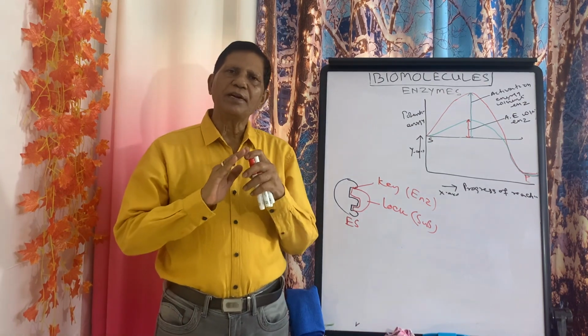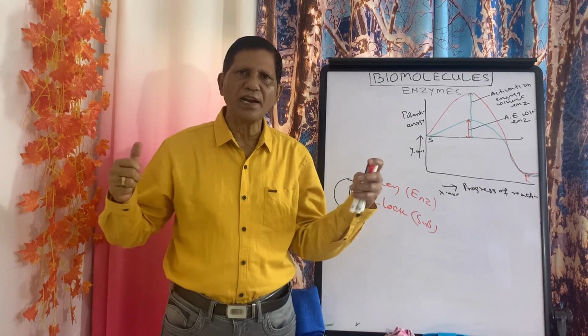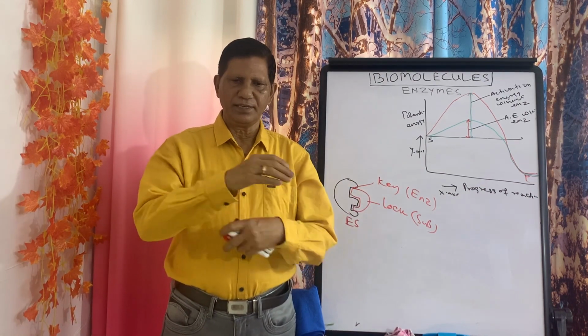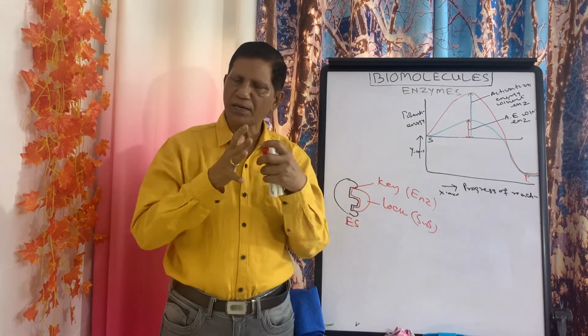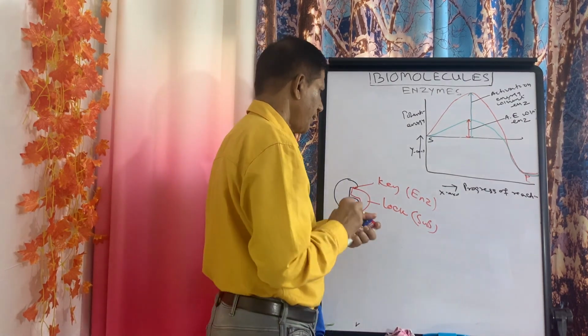If enzymes are completely absent, then it requires a lot of external energy to activate the molecules so that there will be random collision. That is known as activation energy.